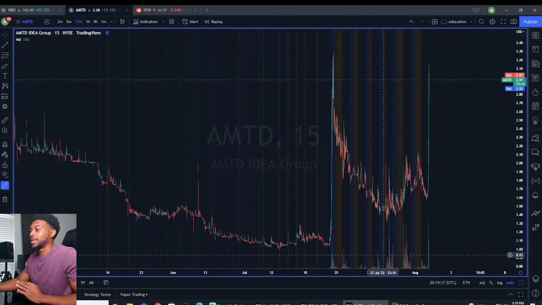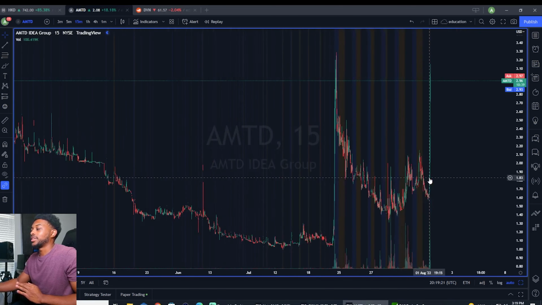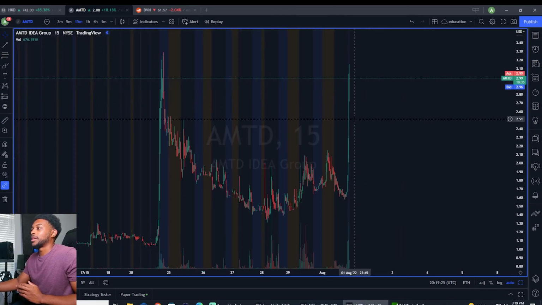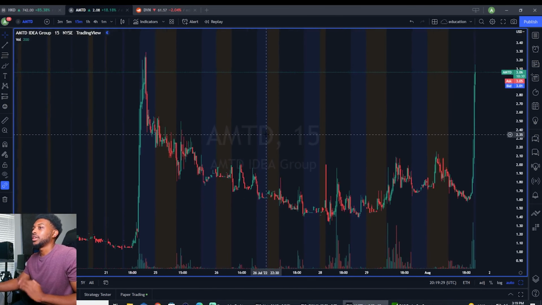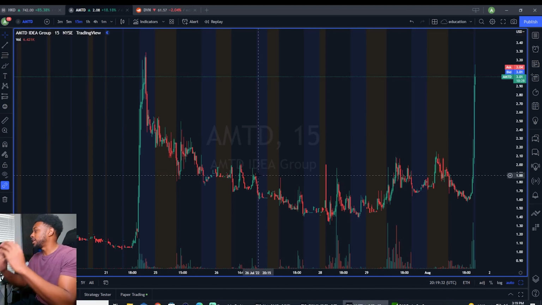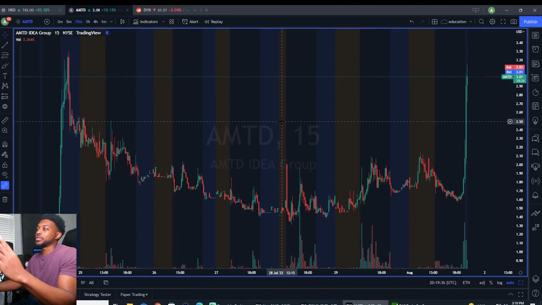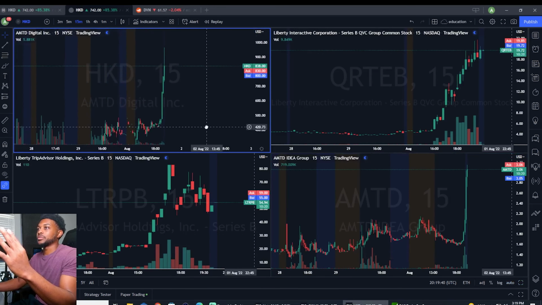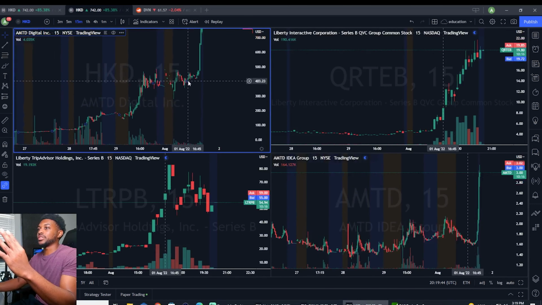But if you jump over to these sympathy plays, if you look at the name, they actually have a stake in HKD, and this is a company that's easier to trade, right? This is a 15-minute chart, and this thing is way easier to trade. If you wanted to sympathy trade off of this, we're up here, as you can see, consolidation.